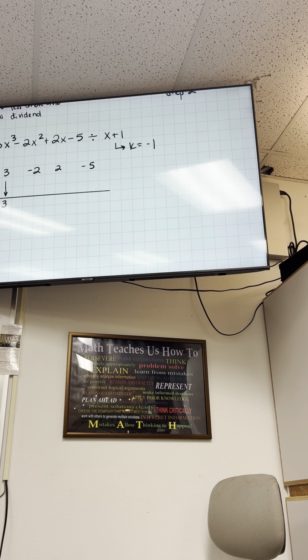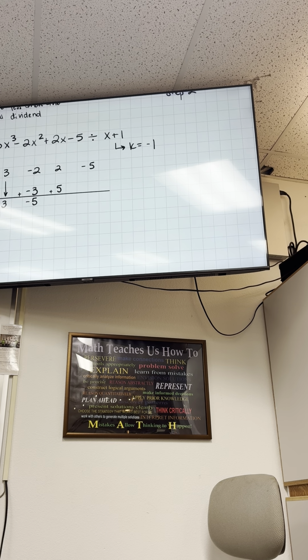Then we find the product of -1 and 3, which is -3, and it gets stacked with the -2. Once we stack those, we add them, and we get -5. Now we repeat that process. So now -1 times -5 is a +5, which goes below the 2.